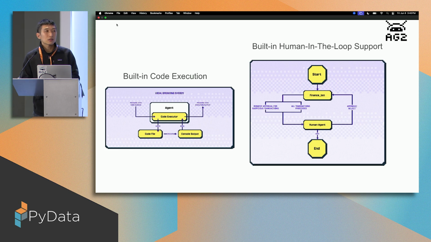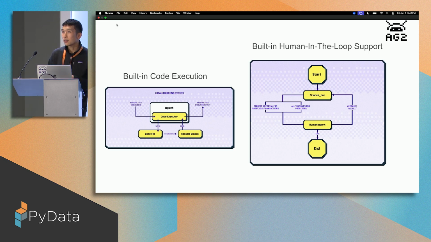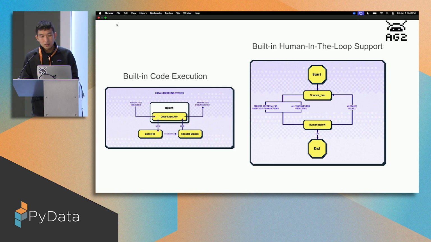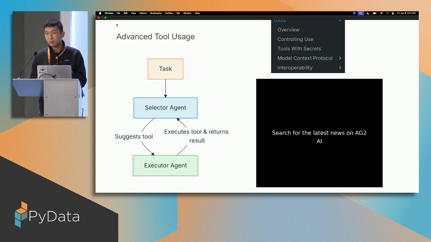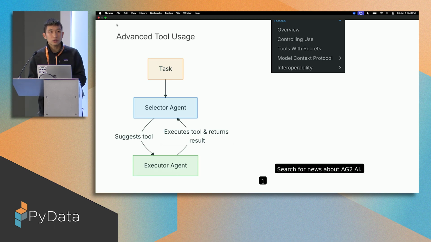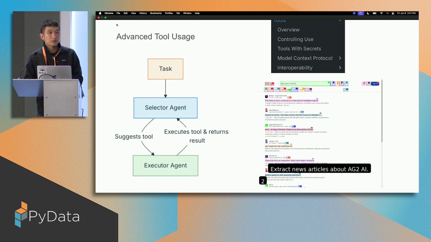There are also a lot of common capabilities that people ask about, and here I want to mention a few. For example, we have built-in code execution support. You can execute code in different environments. You can also have built-in human-in-the-loop conversation, so you can easily have a human in the loop, even multiple humans in the loop if you want. And there's advanced tool usage. Tool usage is very important for the agent to perform advanced tasks.